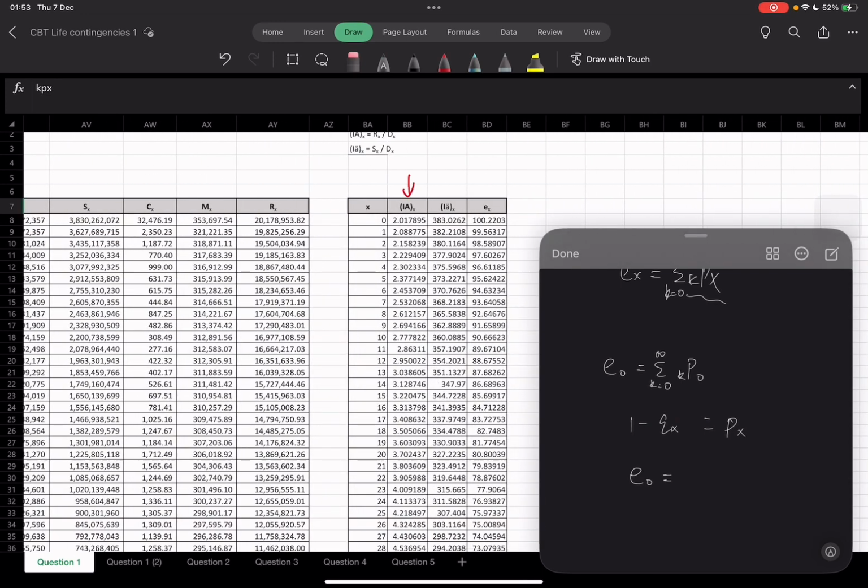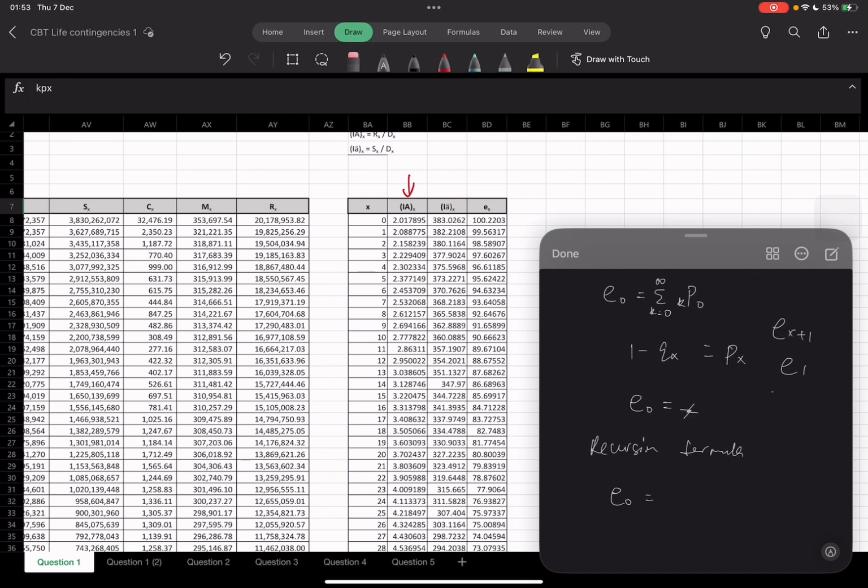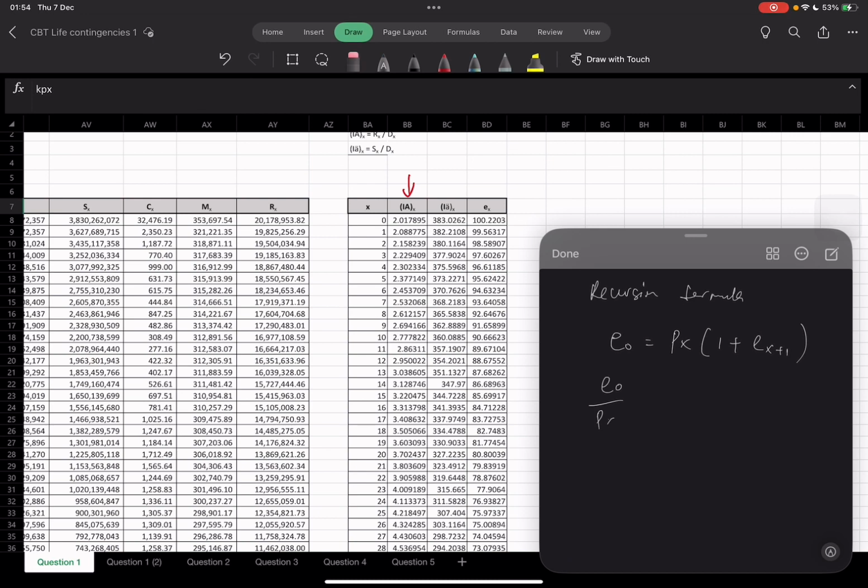To obtain Ex plus 1, which is E1, we can use the recursion formula. With the use of the recursion formula, we note Ex equals Px times 1 plus Ex plus 1. You can get Ex plus 1 with this formula.